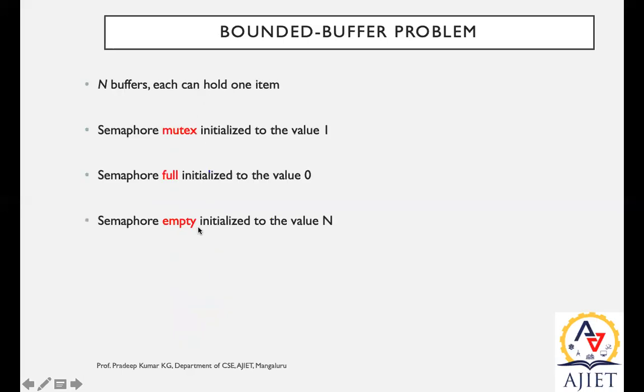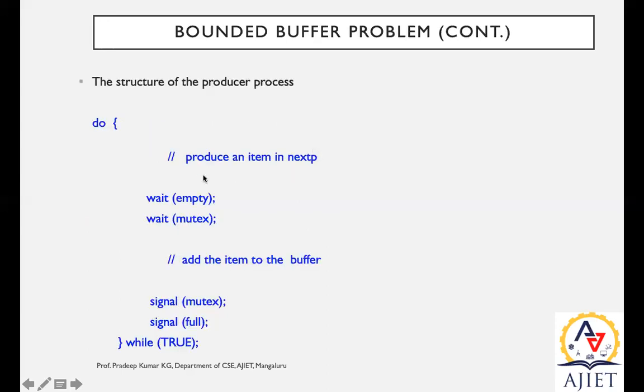So here we have discussed semaphore mutex initialized to the value 1. Now whenever wait on mutex has succeeded, then add the item to the buffer. Only when it receives the value, then it is supposed to add the item to the buffer.